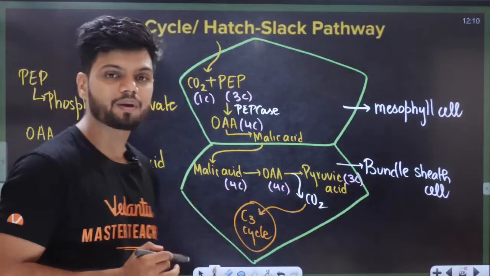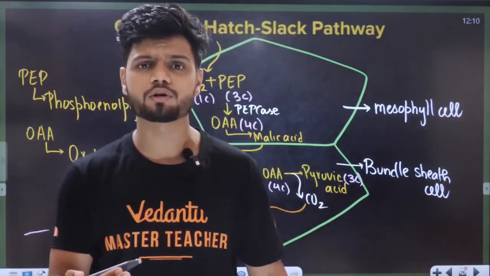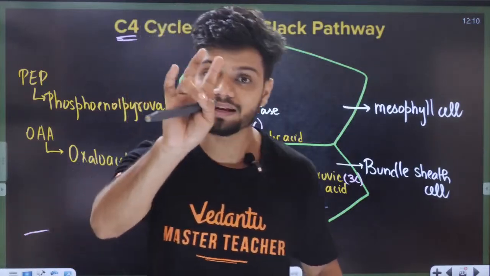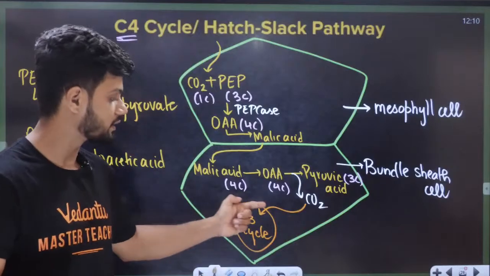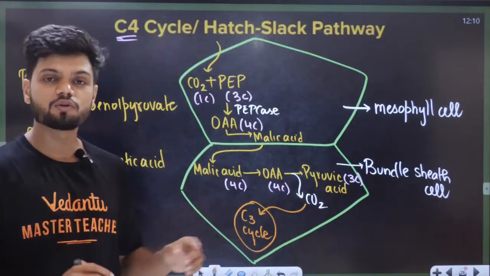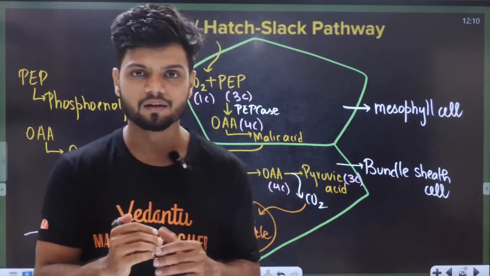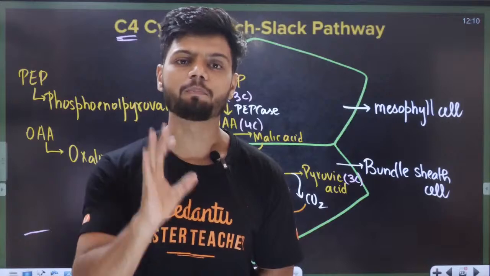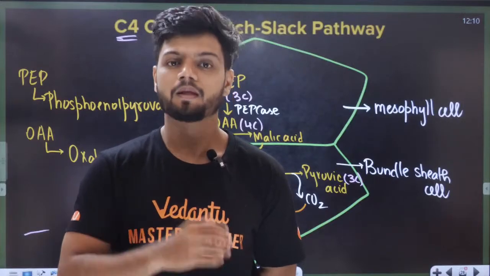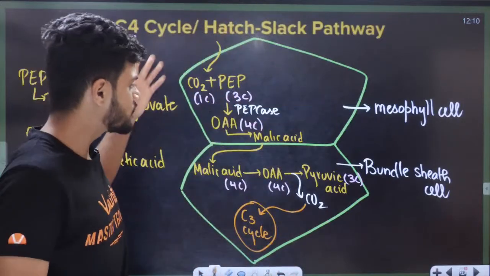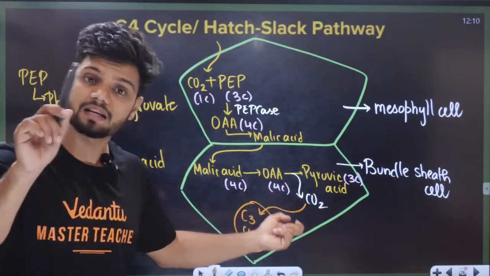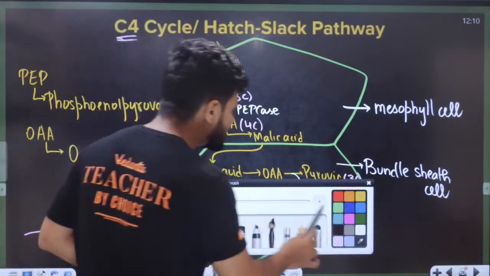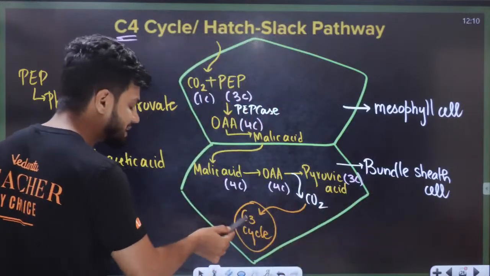Again, CO2 plus RuBP will get PGA, triose phosphate. Same 3 steps: carboxylation, reduction, regeneration. All 3 steps are happening here again. So if I tell a statement, the statement is very simple. The C3 cycle takes place in case of all plants. True or false? Doesn't matter if you're a C4 plant, the C3 cycle will still happen in the bundle sheath.